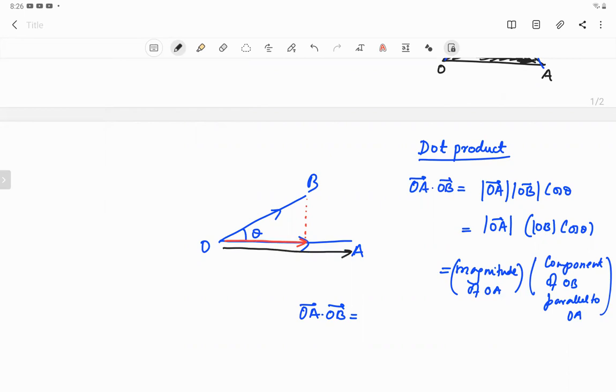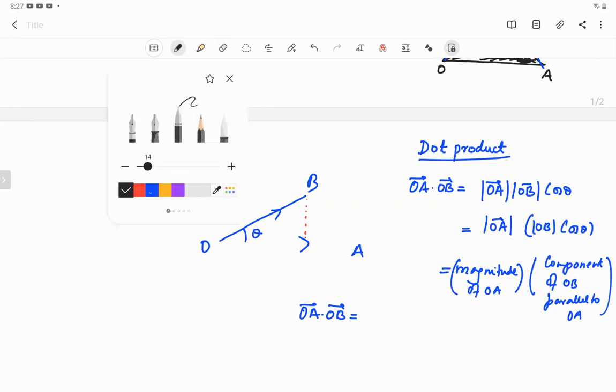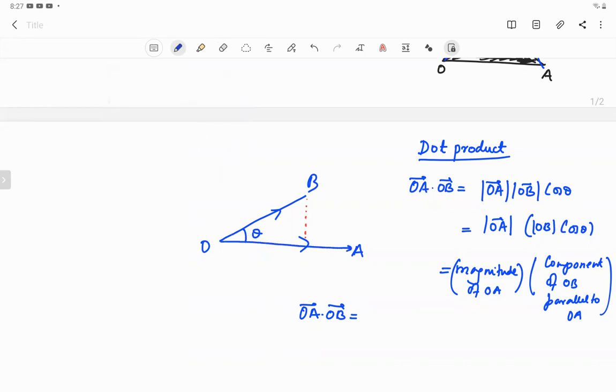That was it. The magnitude of OA multiplied to the component of OB parallel to OA. We can also think it like this, that we can think it in reverse as well. We can say that it's OB multiplied to OA cos theta.